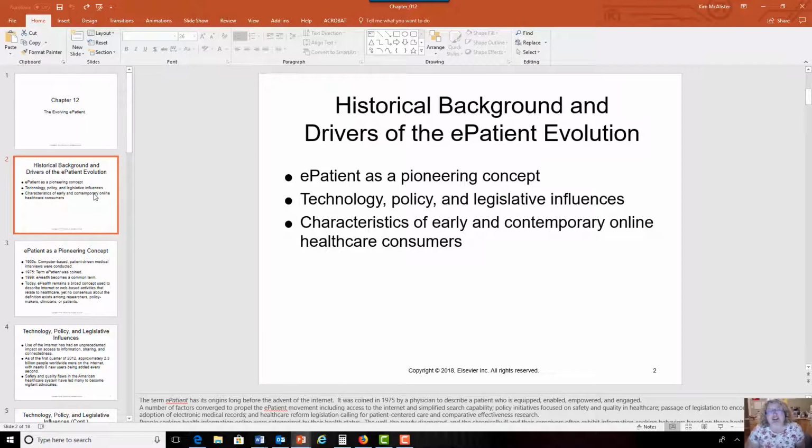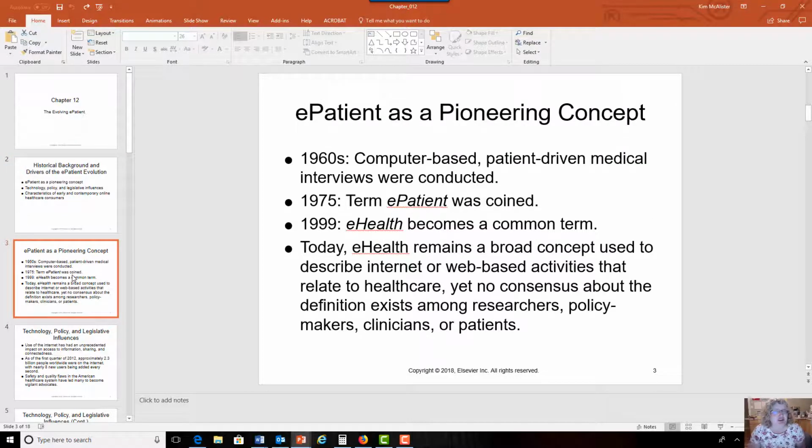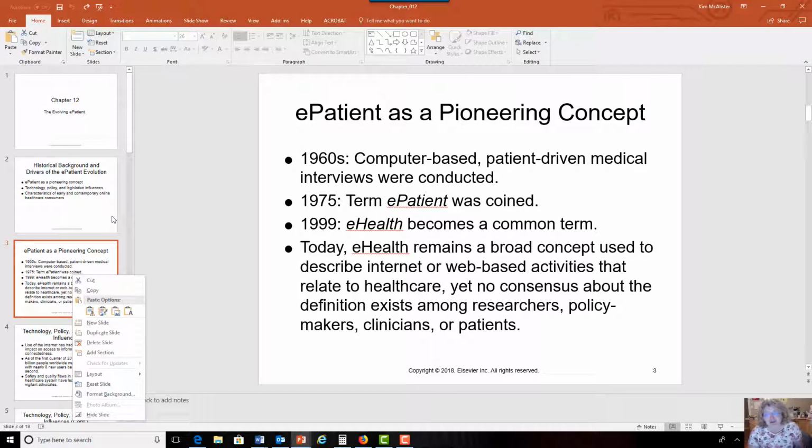There are certain technological and legislative influences that we're going to talk about in just a minute, but what I want to do first is look back on where the whole concept of e-patient came from. As early as the 1960s, we first started seeing computers being used to conduct medical interviews. In 1975, the term e-patient was first coined by a physician, Dr. Thomas Ferguson.